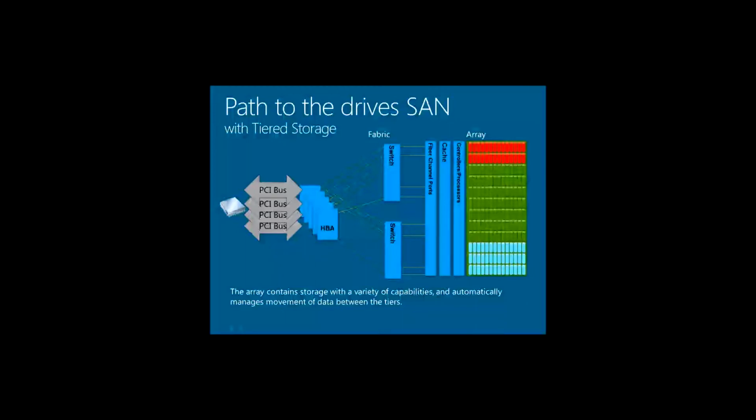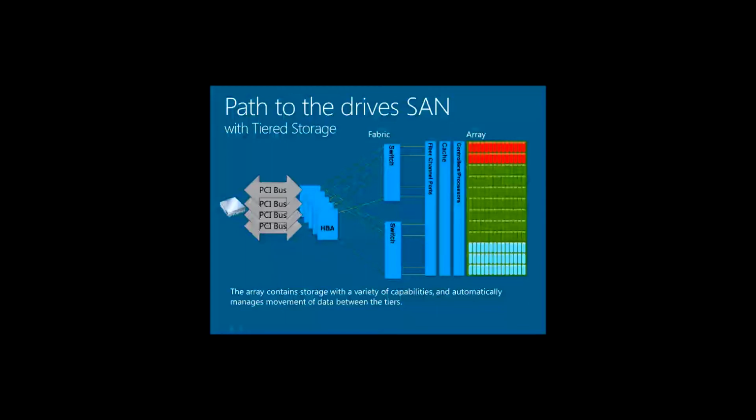Okay, so getting back to the physical layout here, this is just illustrating the idea of a tiered storage where the array has multiple classes of storage. So the red disks might represent solid-state drives that are extremely fast, but somewhat expensive, so you're not going to fill your whole array with them typically.